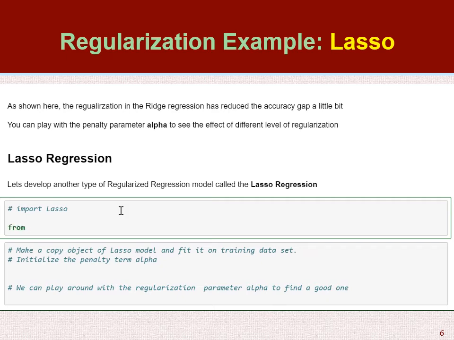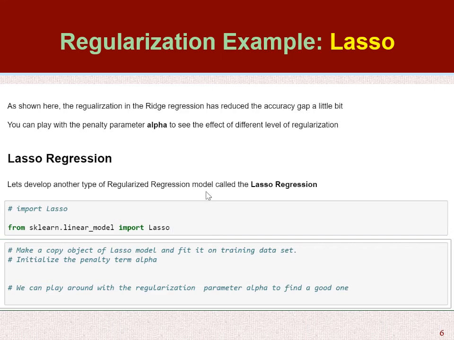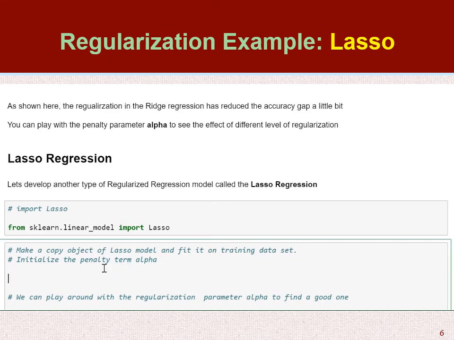From Scikit-Learn's linear model, let's import Lasso, with a capital L, and then we're going to make a copy of this and initialize the values for the parameters.